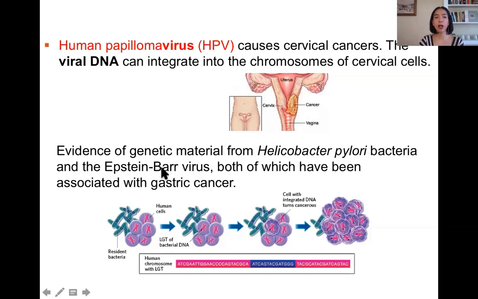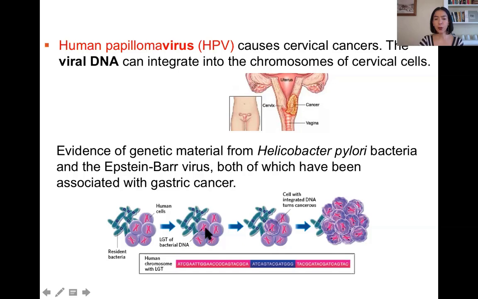Another example happens with the Helicobacter pylori bacteria and the Epstein-Barr virus. Both of them can cause gastric cancer, or at least have been associated with gastric cancer. Here we're representing the bacteria, and the DNA is circular, in blue, and a chromosome in humans, these X type of chromosomes that we have.